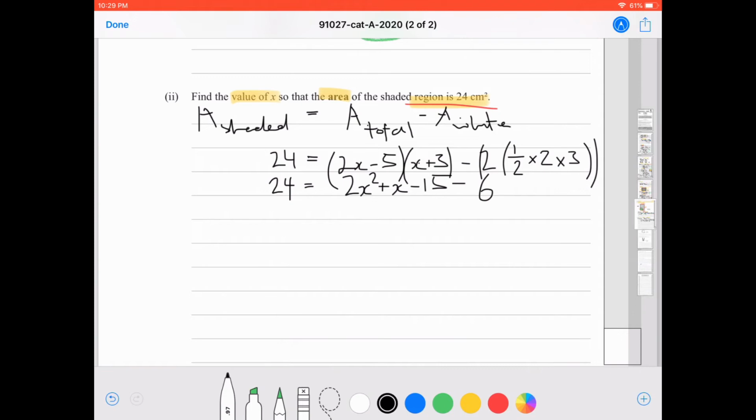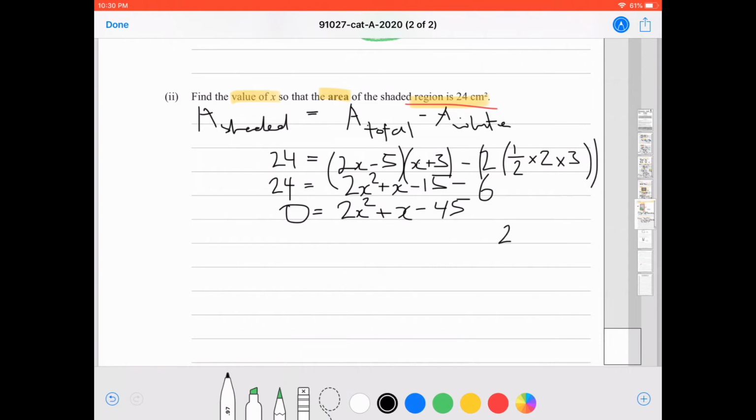Okay, so we can see we've got a quadratic starting to form. Let's take everything to one side and simplify. So 0 equals 2x squared plus x, now minus 15 minus 6 is minus 21, and we take our 24 over, so it's minus 21 minus 24, which is negative 45.